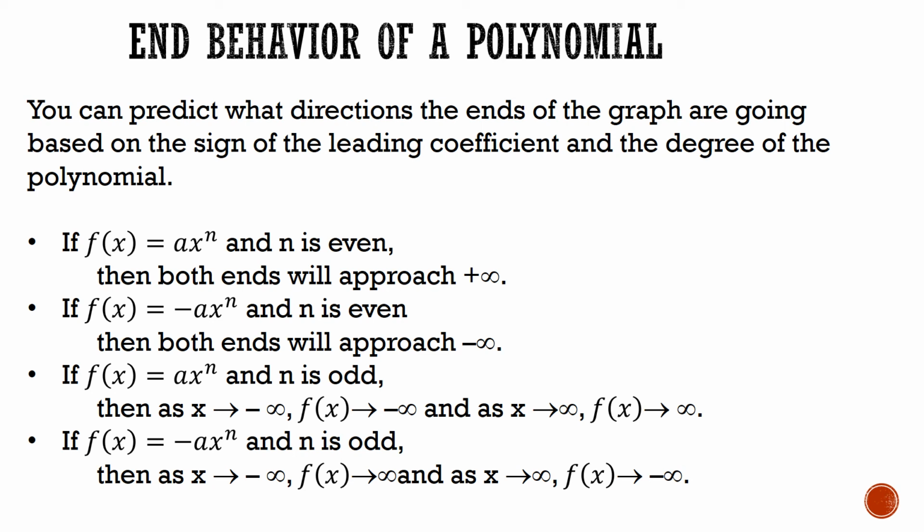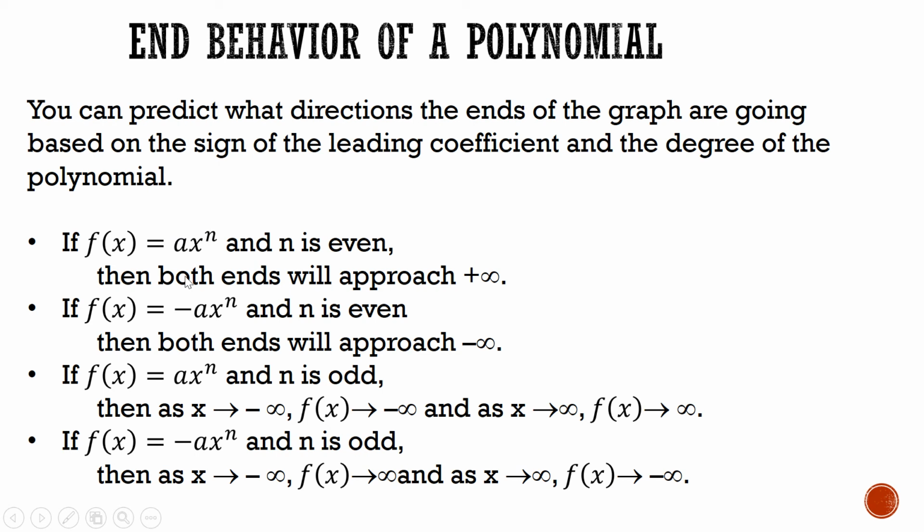If it's x to the power of 4 plus x to the power of 3 plus x to the power of 2 plus x plus 1, we will only be looking at the x to the power of 4. So you're looking at the greatest degree. What we're looking at is whether the coefficient, which here is represented by an a, is positive or negative, and whether n is odd or even.